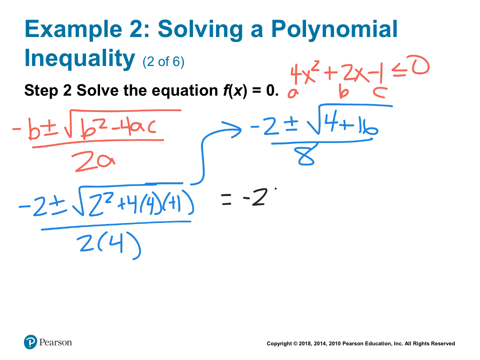So negative 2 plus or minus the square root of 20 over 8. Now sometimes they'll want a simplified radical, sometimes they will let you use a decimal, so I'm going to show you both ways.